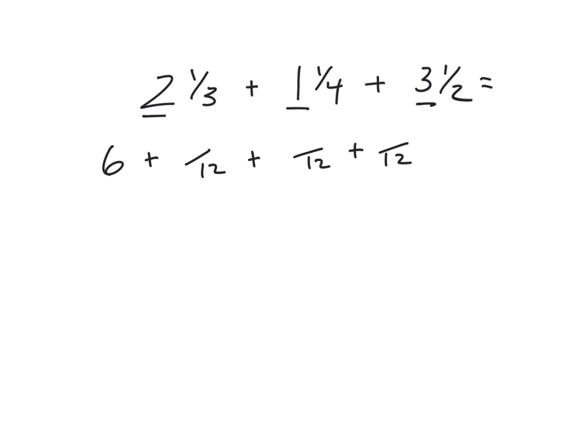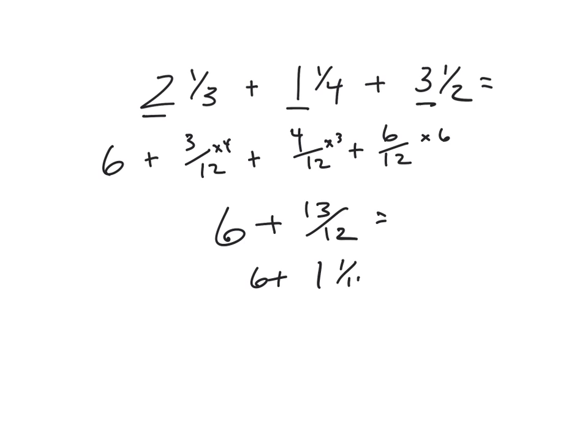And again, you would times 3 times 4, 4 times 3, and finally 6. So we'd have 3 12s, 4 12s, 6 12s, and we would end up with 6 plus 13 12s. Again, 13 12s is 1 and 1/12, as we just learned. Final answer would be 7 and 1/12.